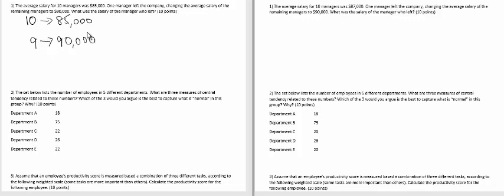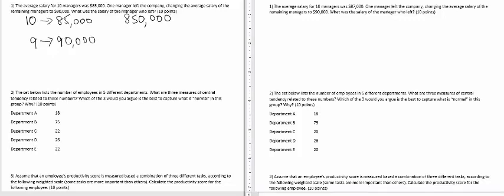Well, we had 10 managers making $85,000 apiece, so all 10 of them were making $850,000. And now we have 9 managers who average $90,000 apiece. If you were paying 9 managers an average of $90,000 apiece, you would be paying them $810,000.